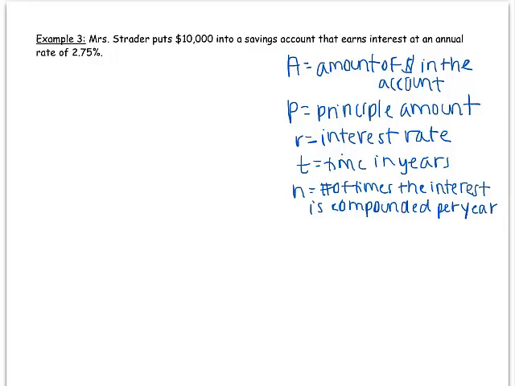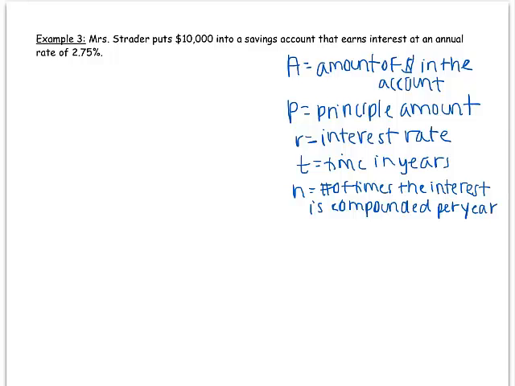If you ever take a look at a bank statement of a savings account, usually you are continuously getting money a certain number of times per year. So the bank's not just going to take your money and at the end of every year give you 2.75% interest. What they'll do is split that percentage into a bunch of different payments.